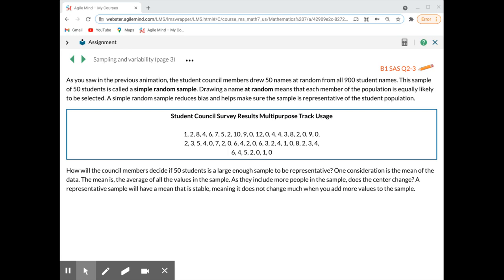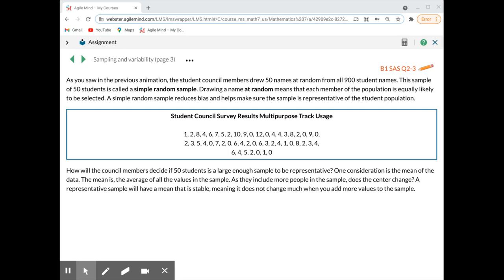All right, so in the context of the Hillcrest Middle School survey, all 900 students are the what? Population. So the word there would be population for A. So when it asks, what is the sample on part B?